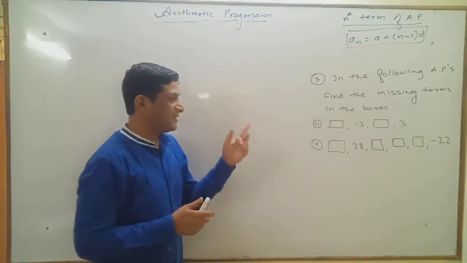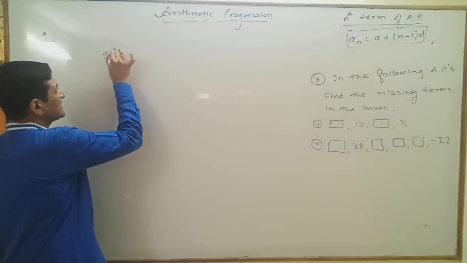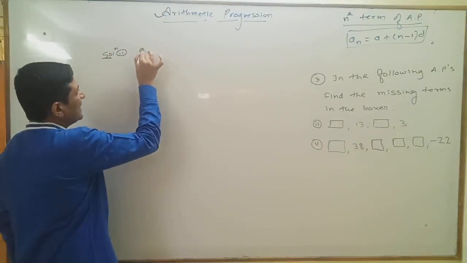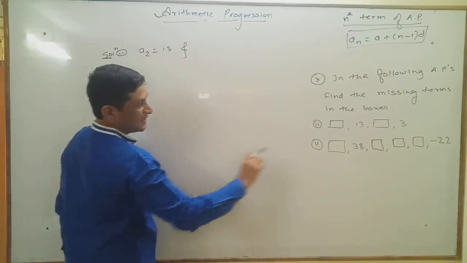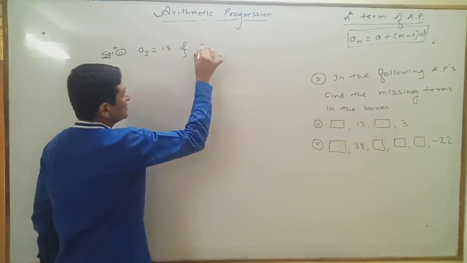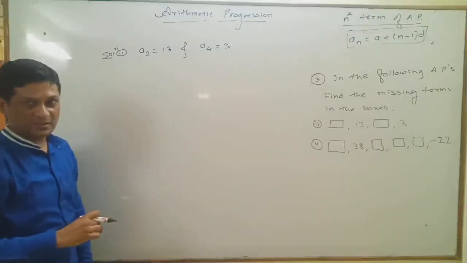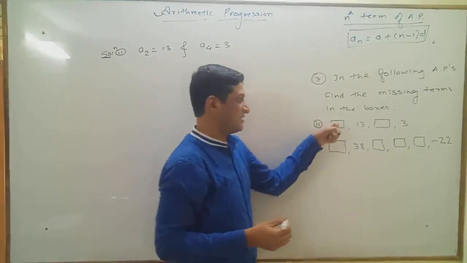So here, if you observe the given condition in the second example, it is given to us that a2, the second term, is equal to 13 and the fourth term is equal to 3. a4 is equal to 3. These are the given conditions. So let us make use of these given conditions. See, to find any term, a means first term.